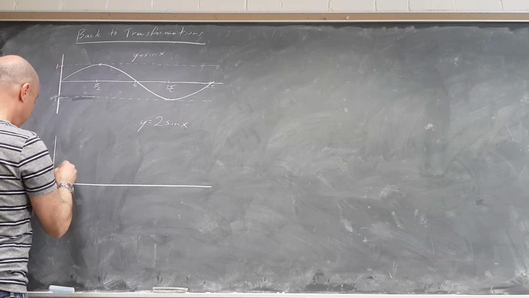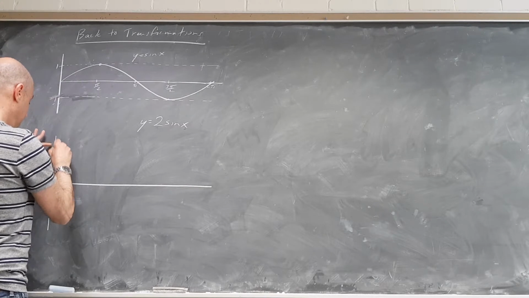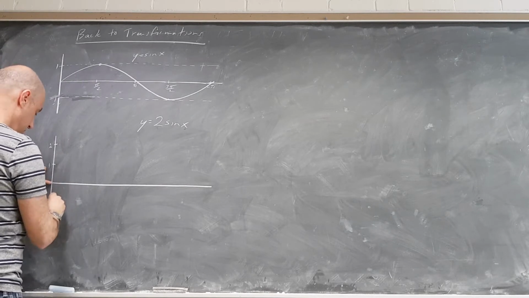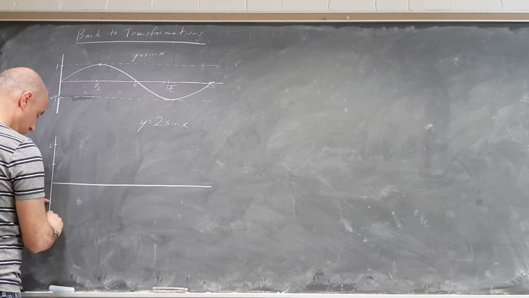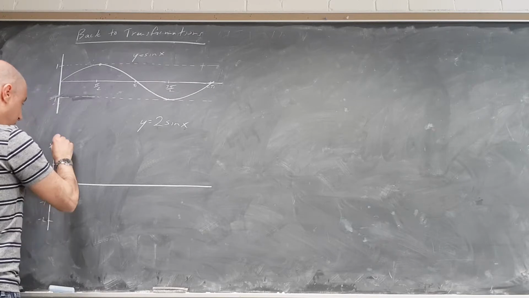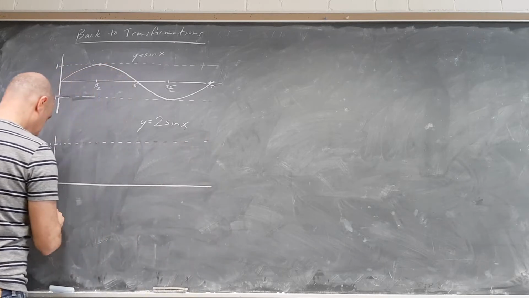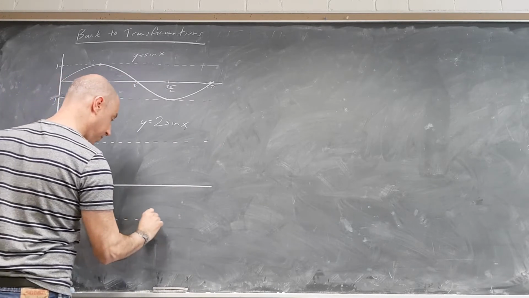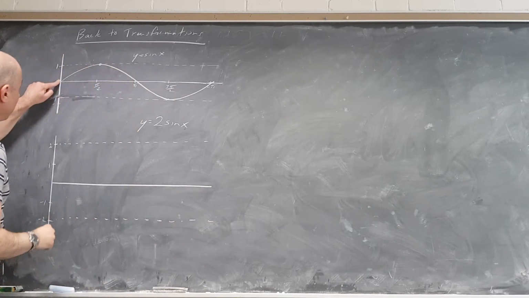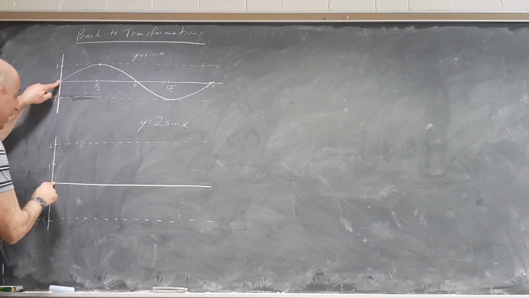So let's see, if that's height 1 and there's height 2. This point right here at x equals 0, it's at y equals 0.